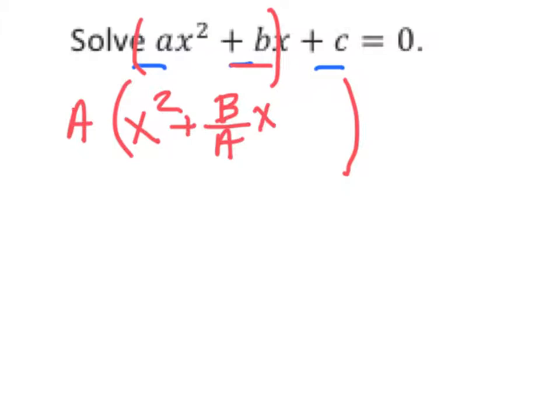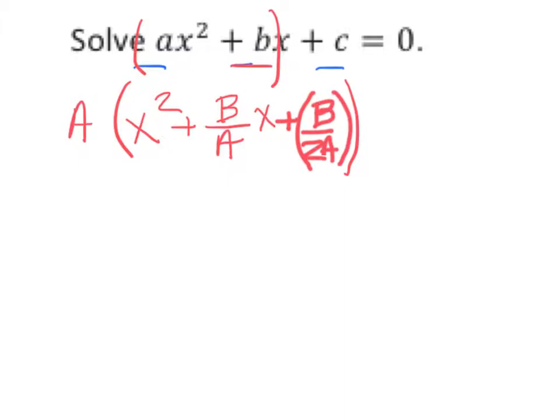So what happens when I multiply b over a by 1/2? I get b over 2a, but I have to square b over 2a. And I come up with the square of b over 2a. Like that.